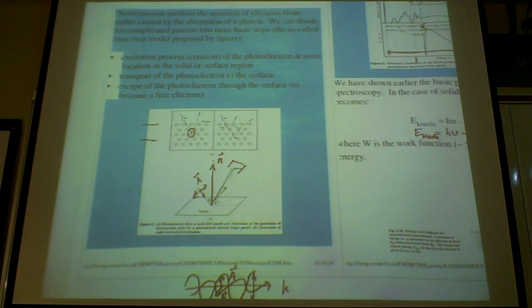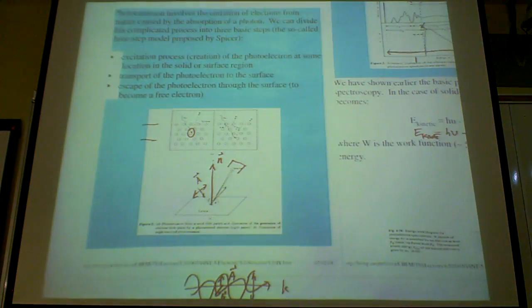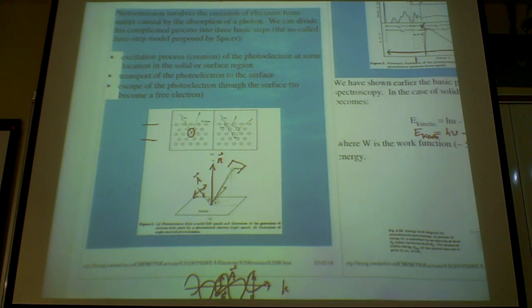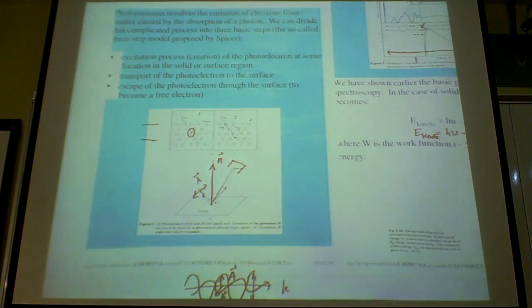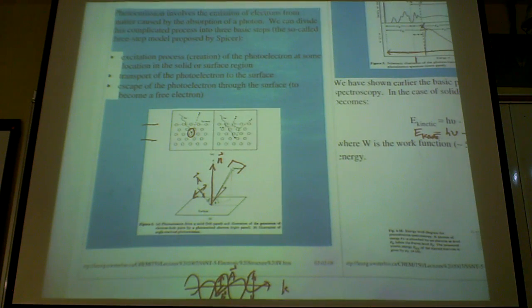He was one of the primary pioneers in using photoemission to look at compound semiconductors, very famous for his photoemission work. Bill Spicer proposed the so-called three-step model, a way for physicists to follow through this photoemission process inside the solid.